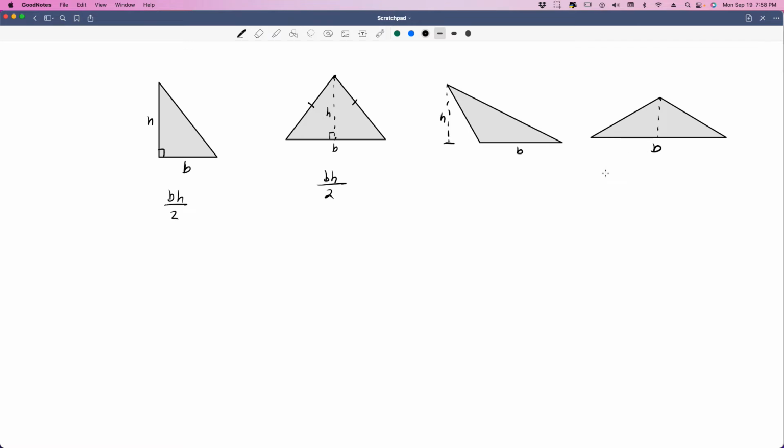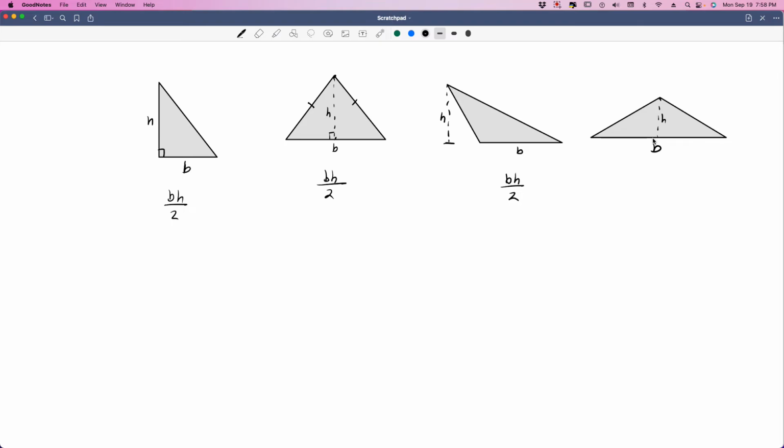It really doesn't matter which way you do it. It's still going to be base times height divided by 2, and it will give you the same answer regardless of whether you do the height this way or the height this way. So it just depends on how that triangle is presented to you and what it tells you the height is. That's all you're going to do.